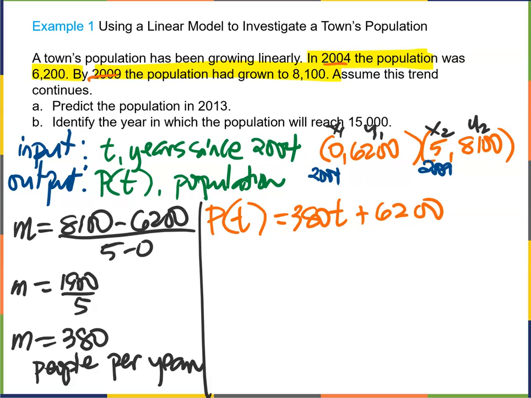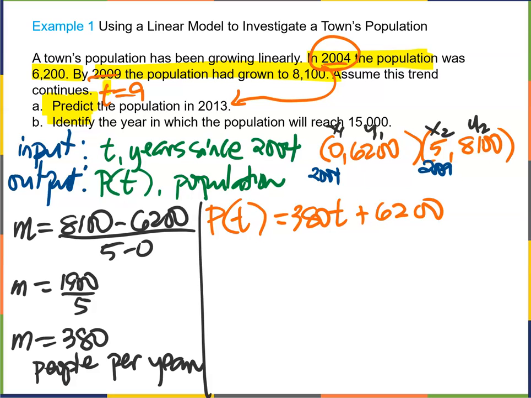Now to answer letter A, predict the population in 2013. From 2004 to 2013, how many years is that? Yes, 9 years. So we're going to predict when t equals 9.